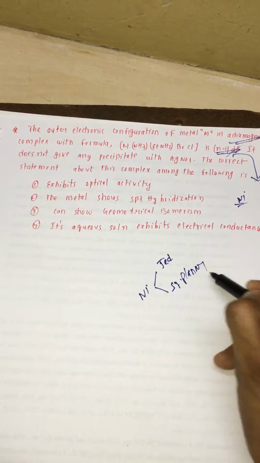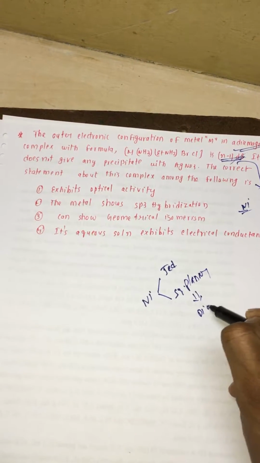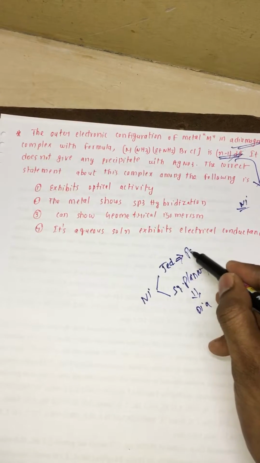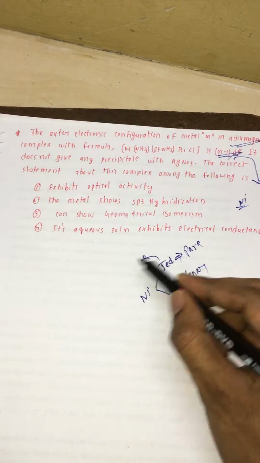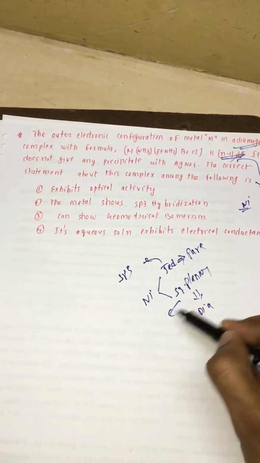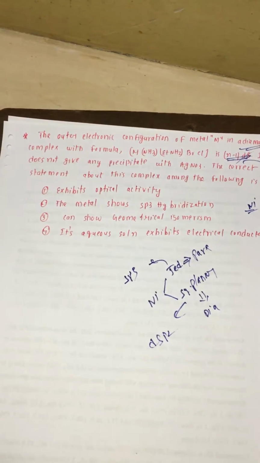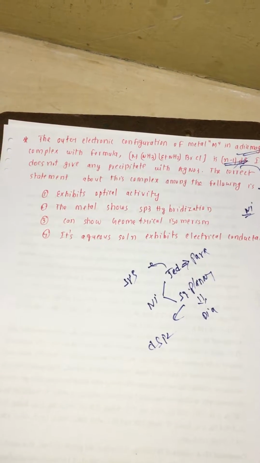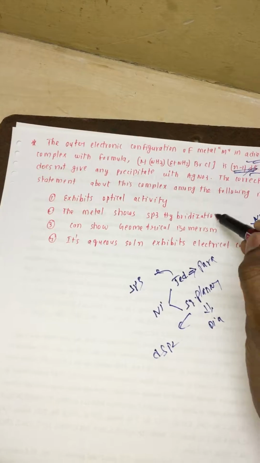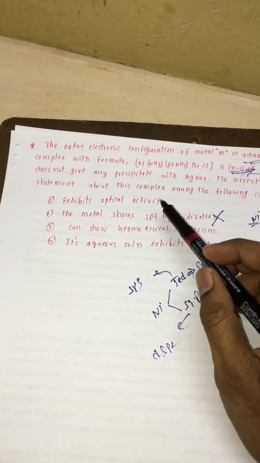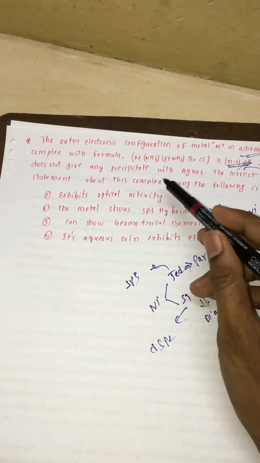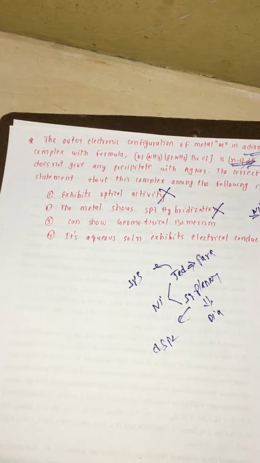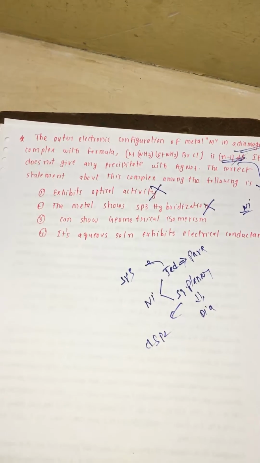Square planar is diamagnetic and tetrahedral is paramagnetic. Here it is sp3 hybridization, and this is dsp2 hybridization. So from this knowledge we can knock out two statements. This is wrong, and square planar complexes never show optical activity. This is also wrong, and we'll go for the fourth statement now.